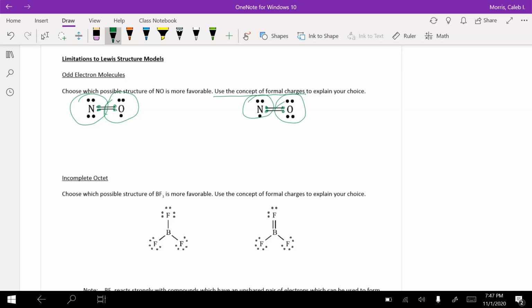All right, for nitrogen, then we have oxygen. Nitrogen is in group 15, and oxygen is in group 16. We're going to subtract the number of assigned electrons. For nitrogen, it's 1, 2, 3, 4, 5, 6. 5 minus 6 is negative 1. Over here, I'm going to count 1, 2, 3, 4, 5. 5 minus 5 is 0.